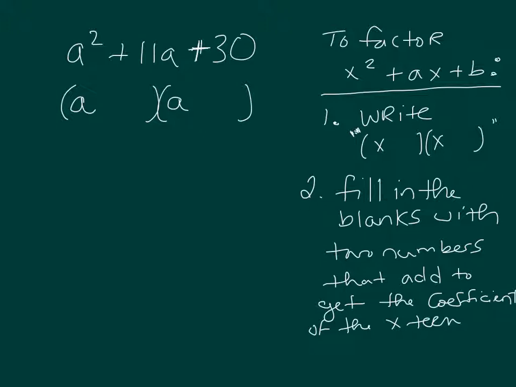What I usually do is write a little plus above this. We want two numbers that when you add them together, you get the a here, the coefficient of the x term. But when you multiply, the two numbers need to add to get the coefficient of the x term and multiply to get the constant.